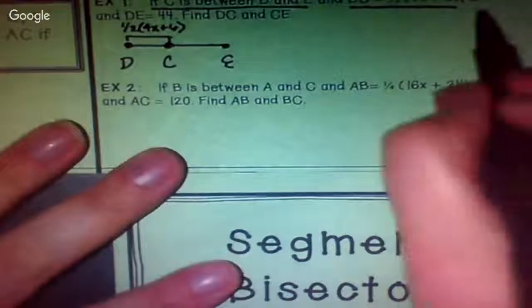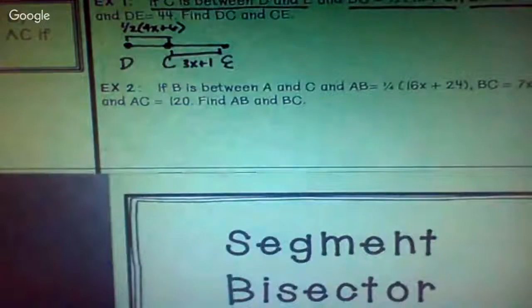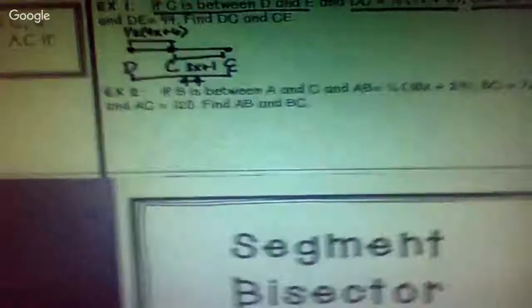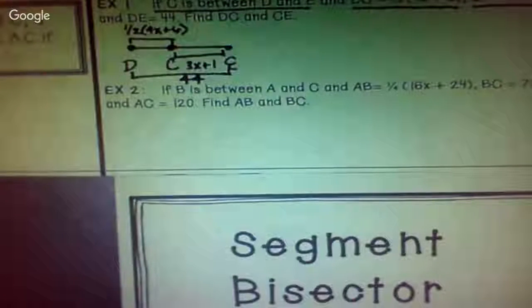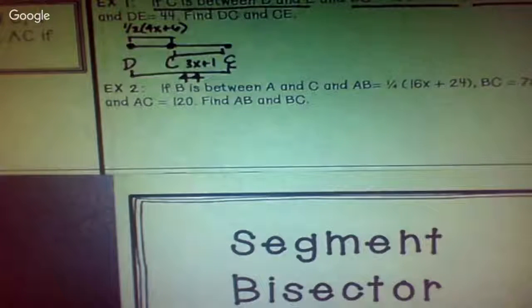It then tells me my other chunk, C to E, so from here to here, is equal to 3x plus 1. And then the last piece it tells me is DE is equal to 44. So from the beginning to the end then totals out to 44. Okay, so that's what this looks like as a picture.